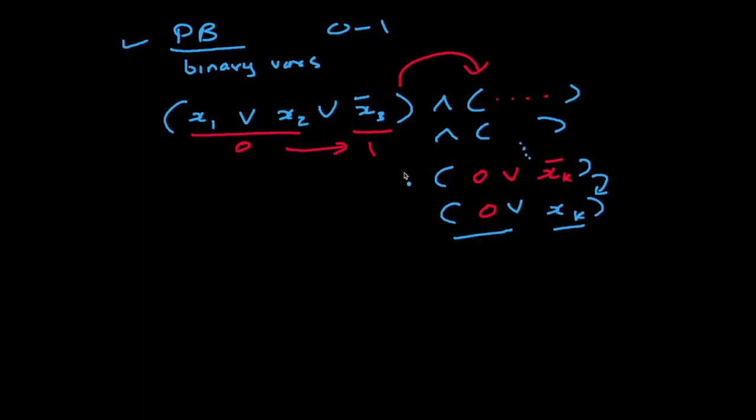These clauses are in ands, so every clause has to be satisfied, but eventually we reach a clause that is falsified. In this case, this particular part is our conflict, and this particular part is our reason.